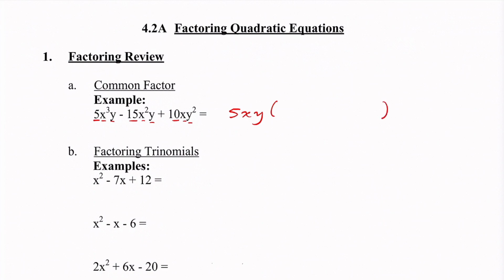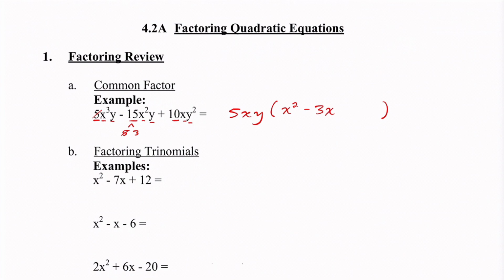So from the first one I pulled out the 5, it's gone. I pulled out one of the x's, so there's going to be 2 left. And I pulled out the y, so there's no more y's left. With the next one, imagine breaking this down into 5 times 3. We pulled out the 5, so we just have the minus and then 3. And the x, there was 2 of them, but we pulled out 1, so now we just have 1 left.